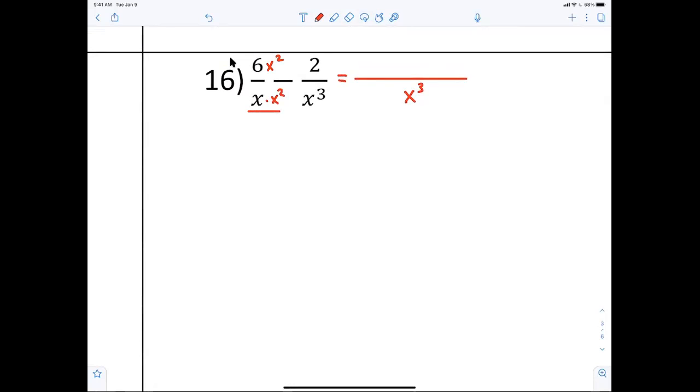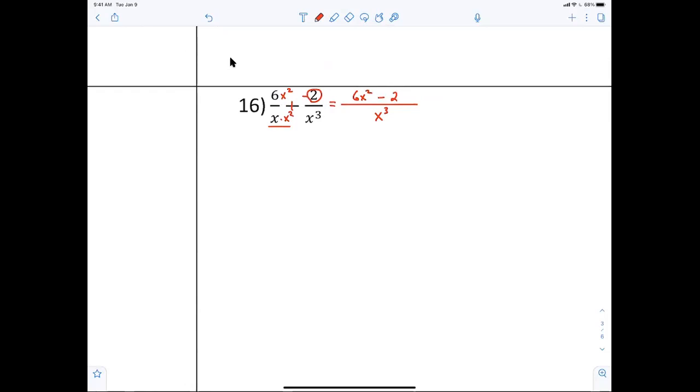So it would be what? 6x squared. Do I have to do anything to the second fraction? No. 6x squared minus 2. That's it. Why don't you change the subtraction sign to an addition sign on this one? Because there's only one term. But if you want plus negative, same thing, right? All right, here we go.